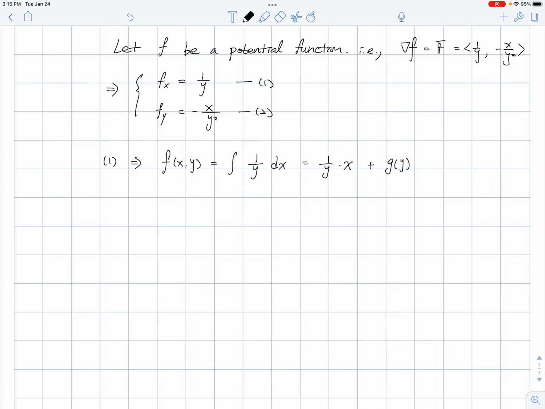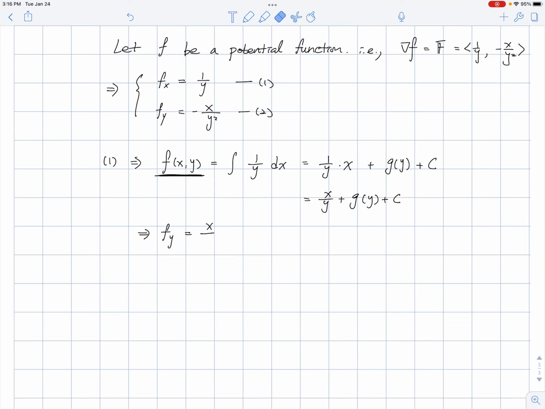So that's any function of y plus an actual number, right? Okay, so x over y plus g of y plus any constant is the general format of this potential function f.